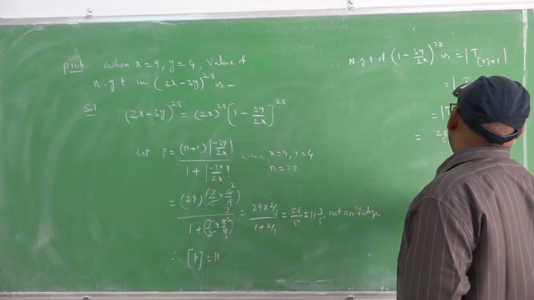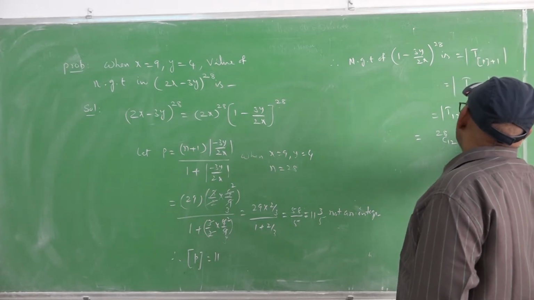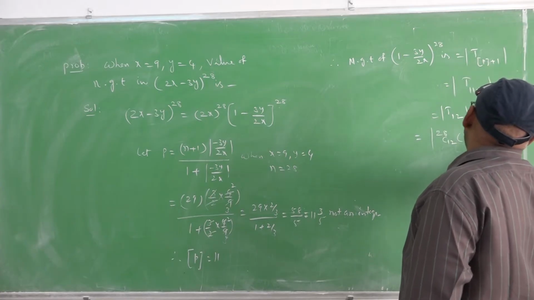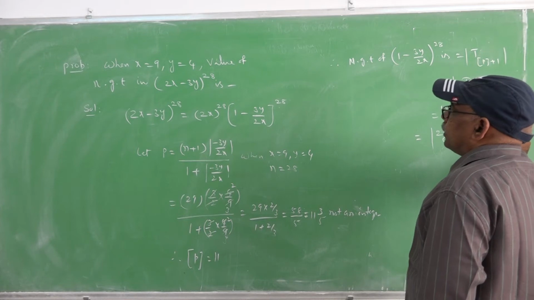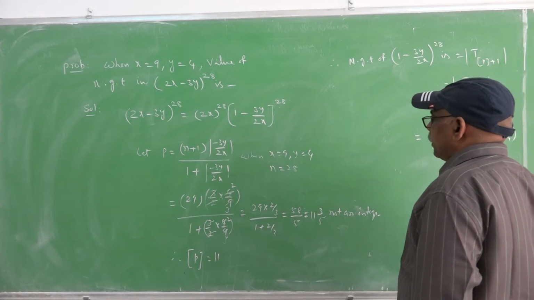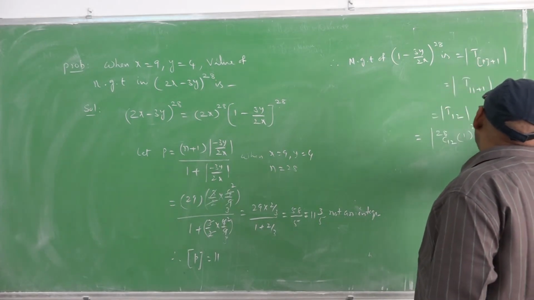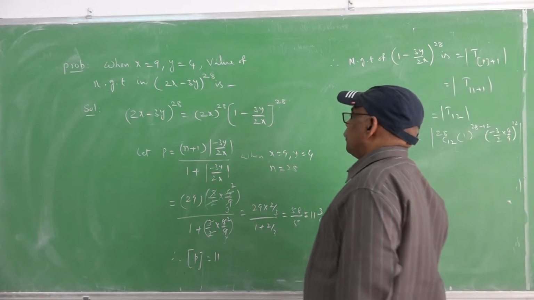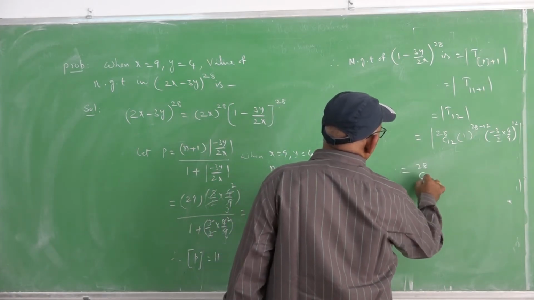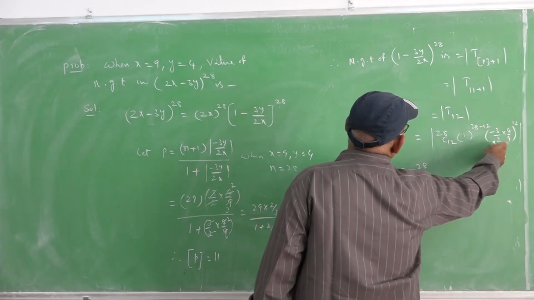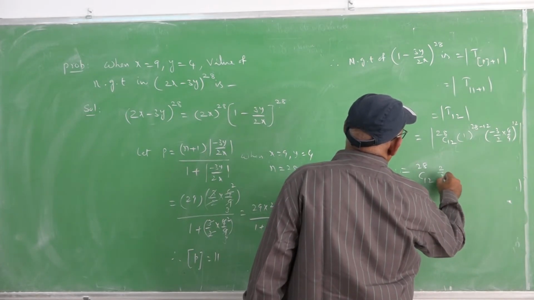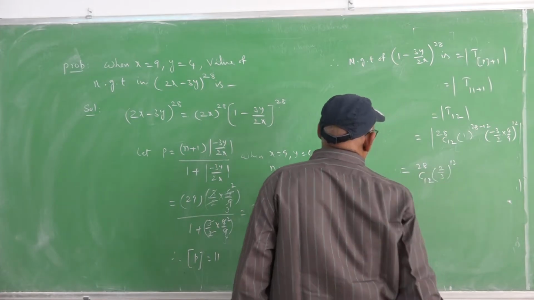That means 28C12, 1 power 28 minus 12, into, of course taking modulus, 3 by 2 into y by x. Y by x means 4 by 9, whole power 12 with modulus. So that is 28C12, and this is 1, it is 2 by 3. Once we are taking modulus value, 2 by 3 whole power 12.